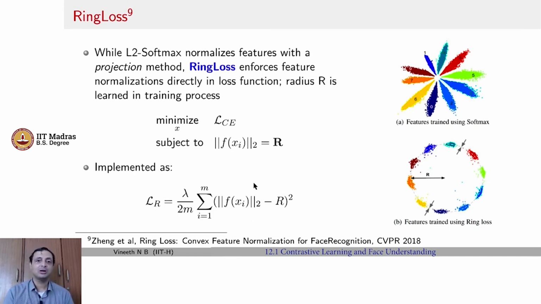So the neural network decides what should be the value of the L2 norm also, in addition to learning the weights of the neural network. This is known as ring loss because you're trying to project the feature representations before the softmax layer onto a ring whose radius is also decided by the neural network.